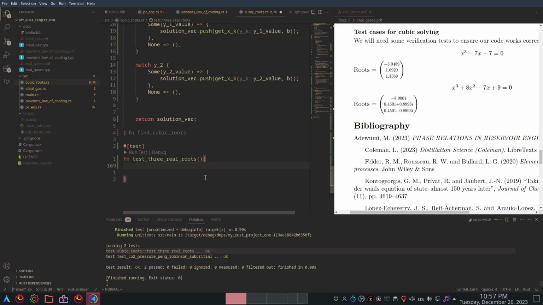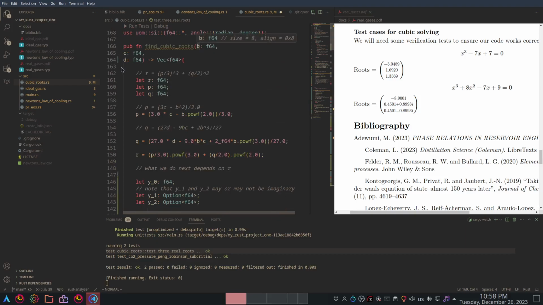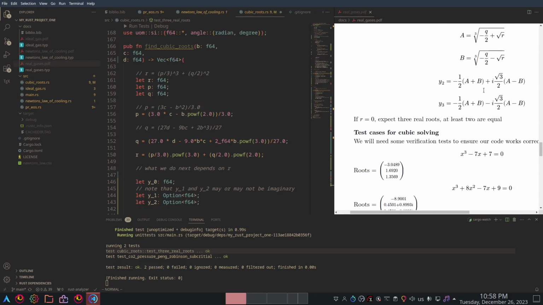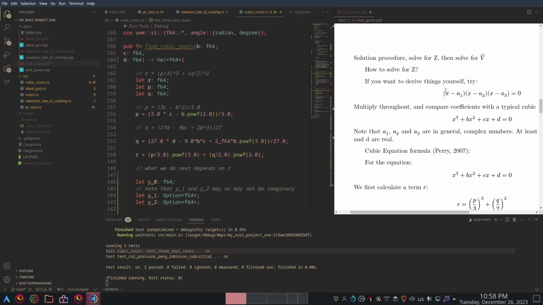Okay, so what is this? B, C, and D, right? This is the normalized version of the roots. So A should be 1.